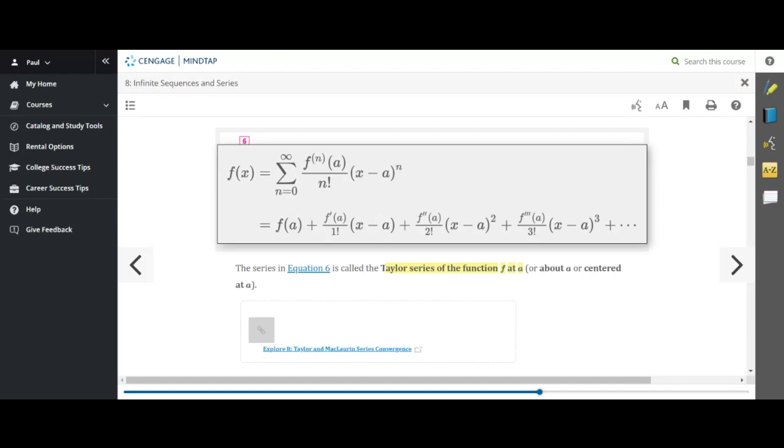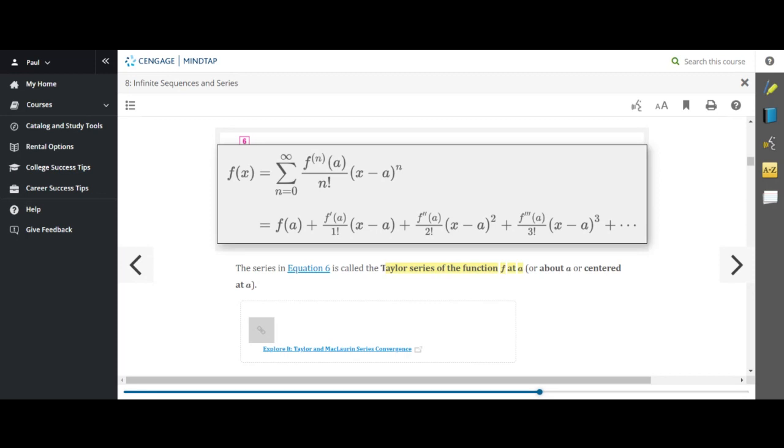We call this a Taylor series of a function f at a, or about a, or centered at a. And now we have the ability to find power series for a variety of functions that are differentiable.